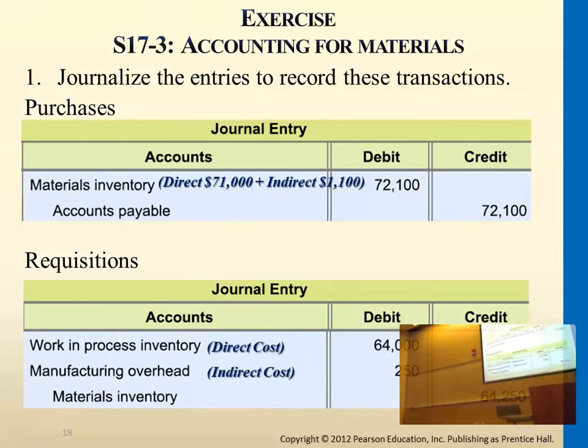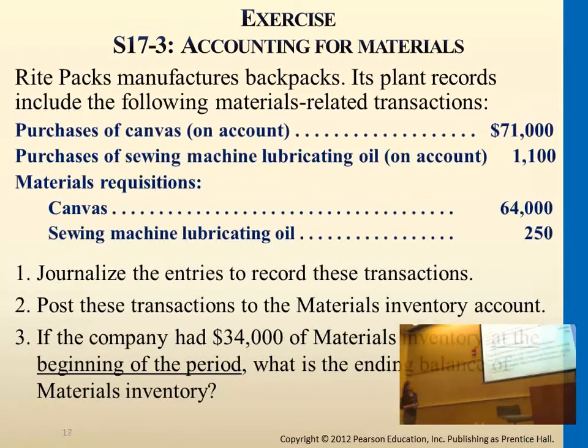You post them, and then the problem will also tell you that there's a beginning inventory cost. So don't forget this. In each and every account, unless it's a newly started business, usually you have leftover raw materials, halfway done inventory, and completed inventory that is not yet sold to customers. You have to consider the beginning inventory level.